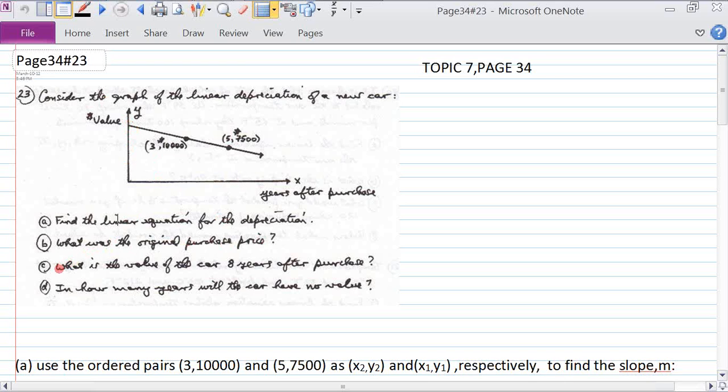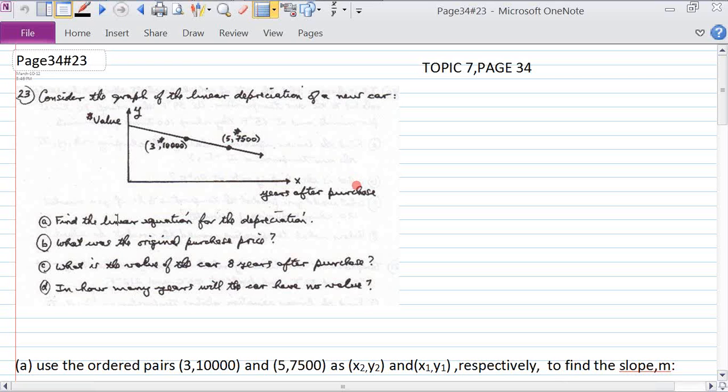We're going to calculate: what is the value of the car 8 years after purchase? So let's say somewhere around here we would intersect with a line. Let's say this was 8, and we'd find the value after 8. In how many years will the car have no value? Well, this is when we extend the line way down to where it crosses the x-axis.